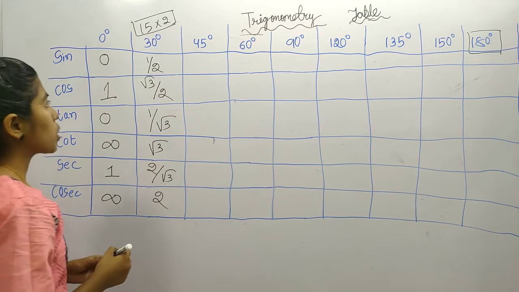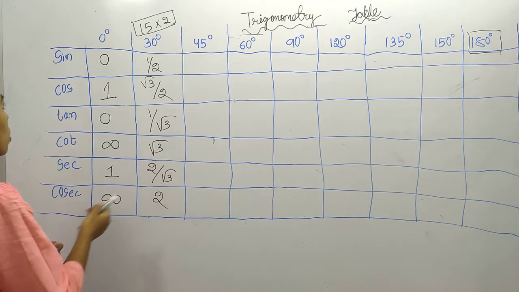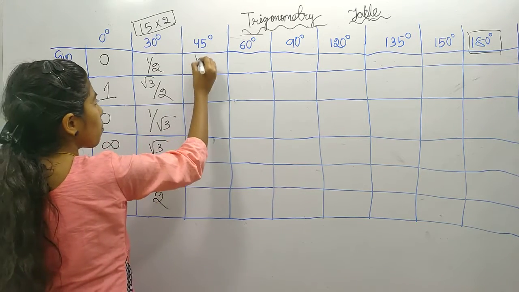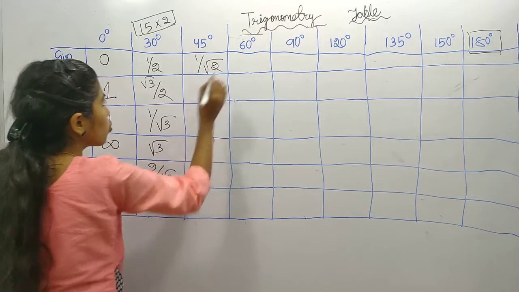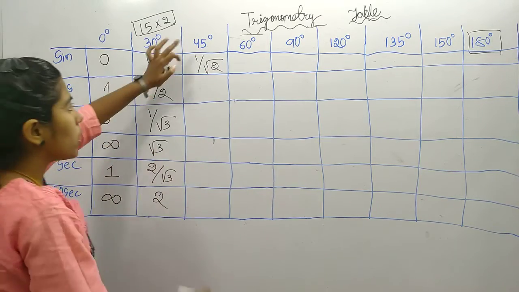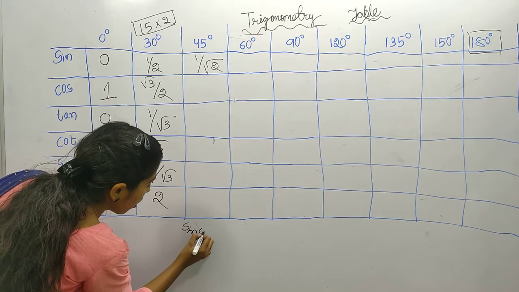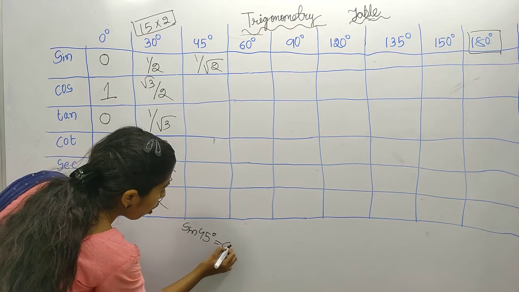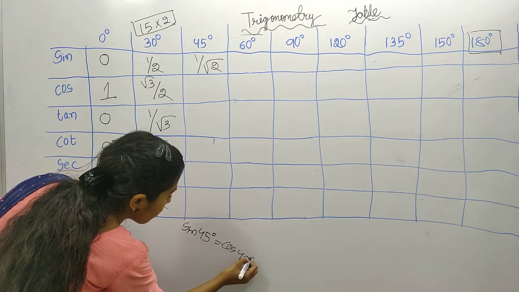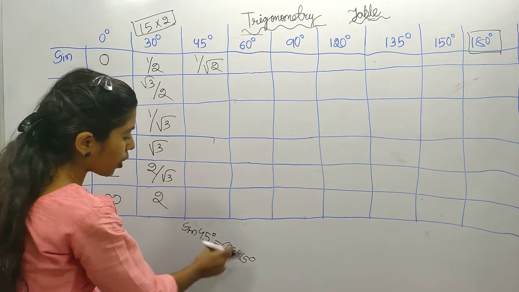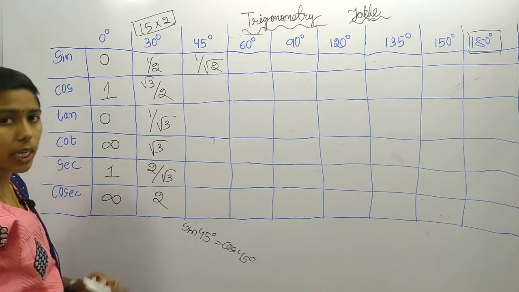Over. Next, move to 45 degree. So, sin 45 degree, you remember it is 1 by root 2. Sin 45 degree equals to cos 45 degree. It means the values of sin 45 degree and cos 45 degree is same.